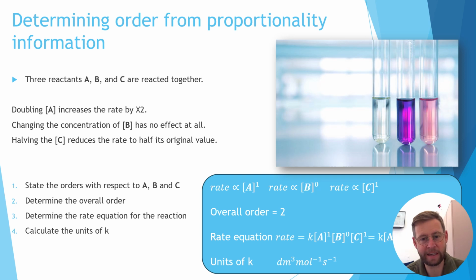My head is slightly in the way of some of them, but you can see the rate equation is rate equals k times the concentration of A times the concentration of C. Because this is a second order reaction, the units come out as decimeters cubed per mole per second.